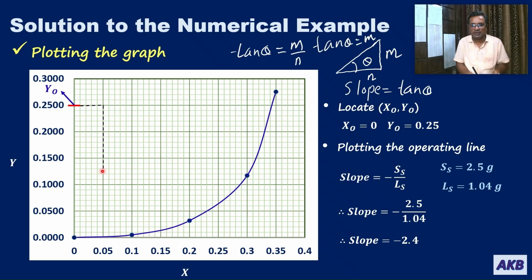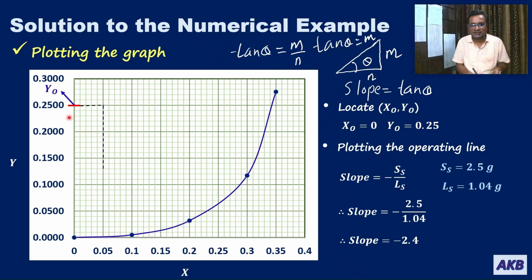So this will give me a line of negative slope. Since I have to plot a line of negative slope, I am traveling in a downward direction. You can of course use protractor to plot the line, but if you are using a graph where the scale on both the axes are same, then you can use the definition of tan theta. So I get this point.